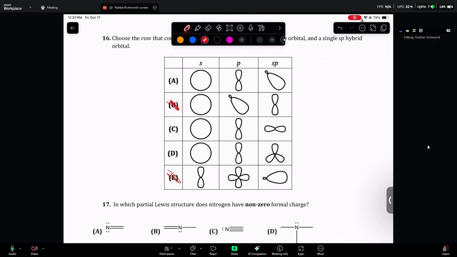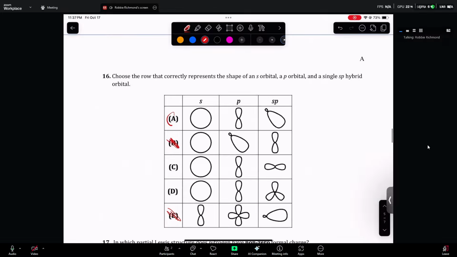It has a sphere and then it has a peanut. I like to think of SP as kind of looking like a pear. So answer choice A has that pear, while all these other ones, C, that's just another p orbital, and then D is definitely not an sp orbital right there.